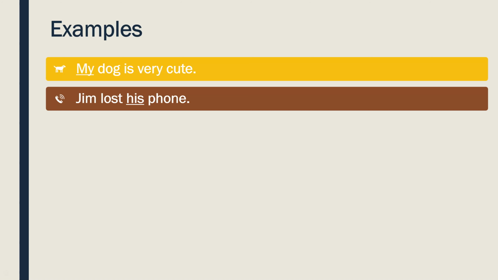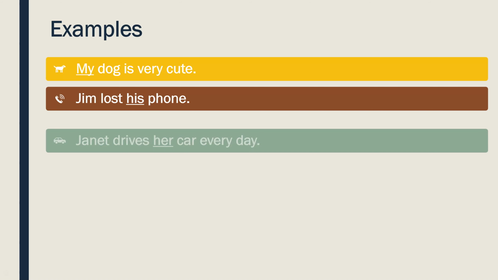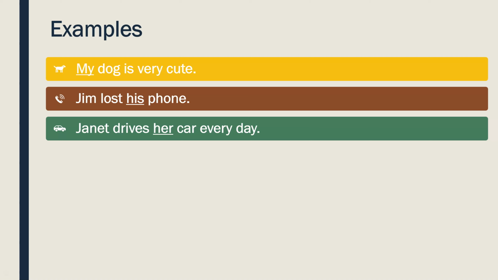Here his is the ownership of the phone, and it's with Jim, and Jim is one man. Janet drives her car every day. Here we have Janet, that's one woman, and the possessive adjective is her.